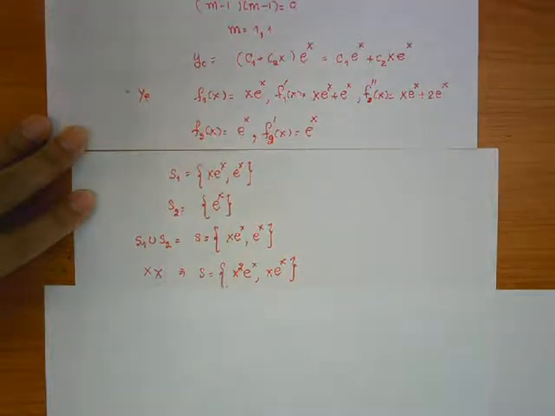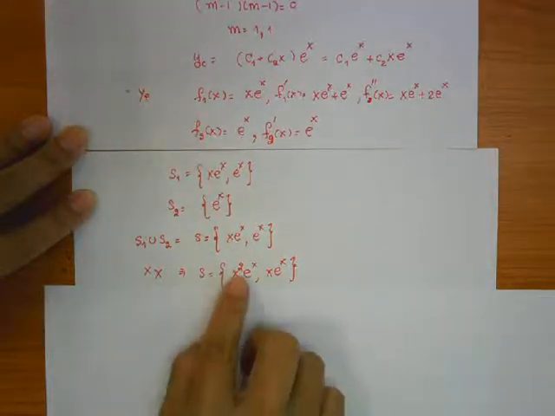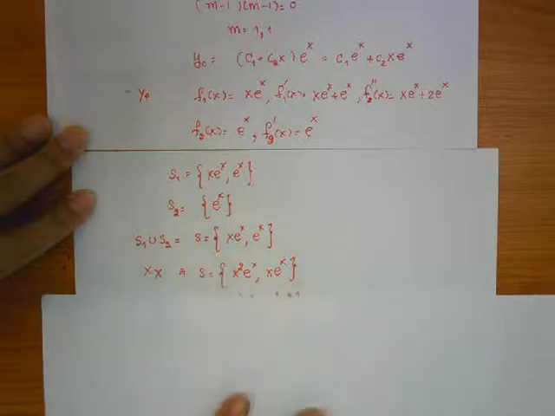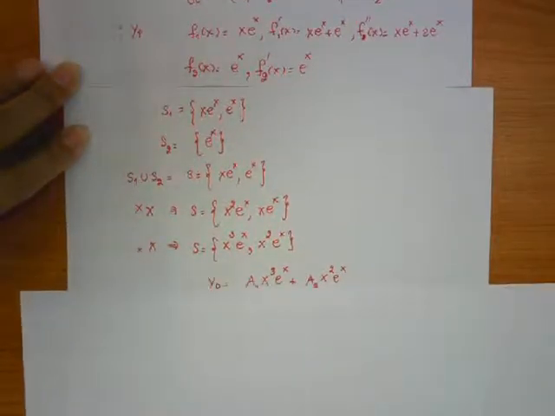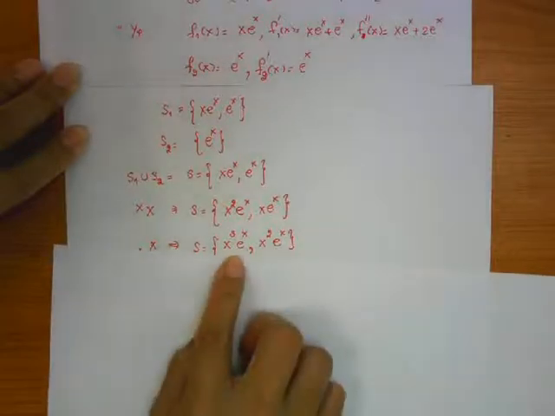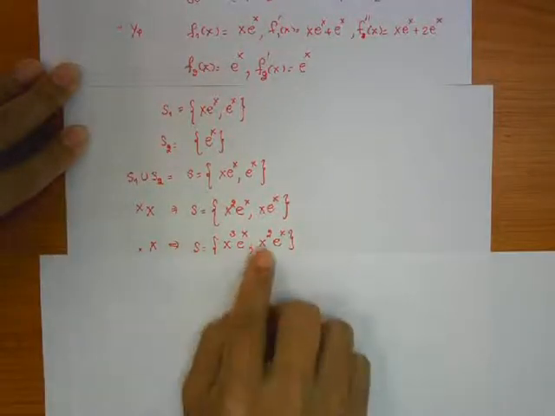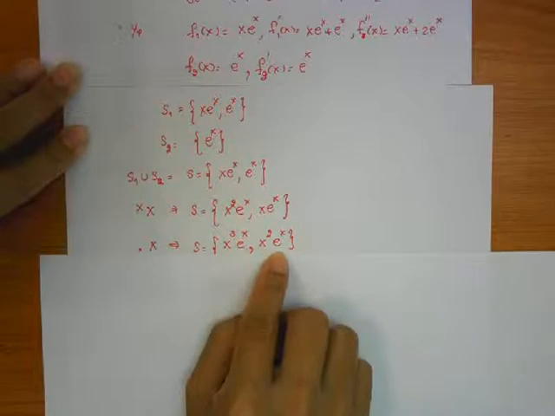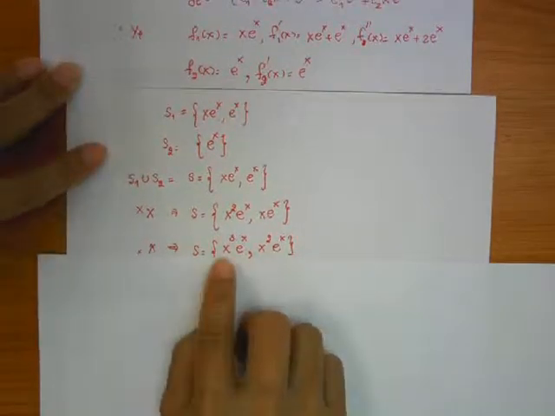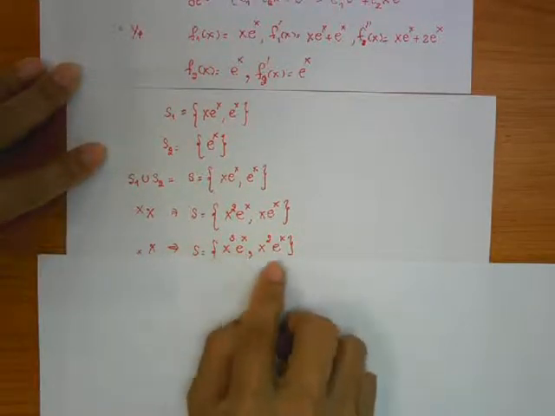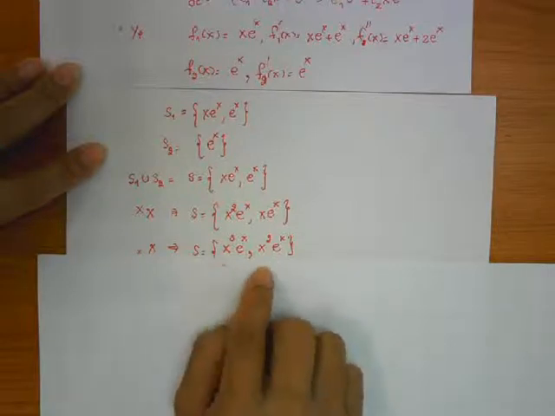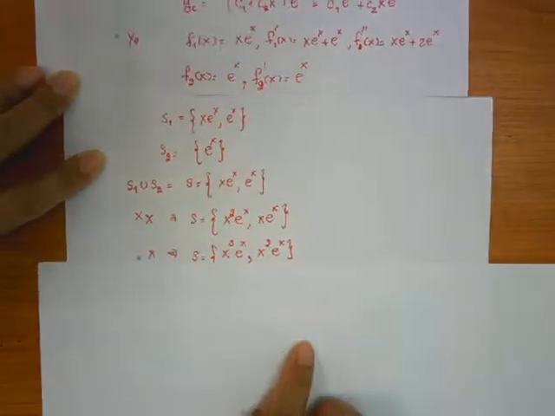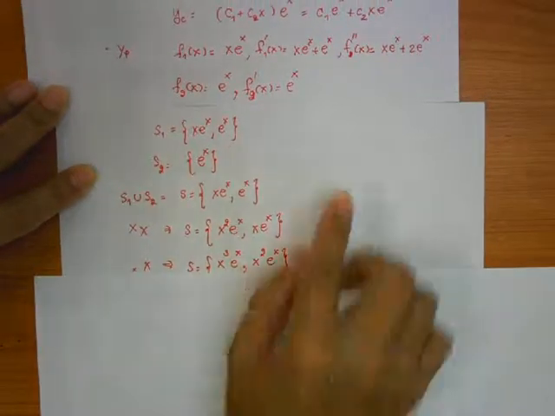You got to times x again into your UC function. Now you would get x to the power 3 times exponential of x and x to the power 2 times exponential of x. Now, is there any function repeated with the function in your YC function?